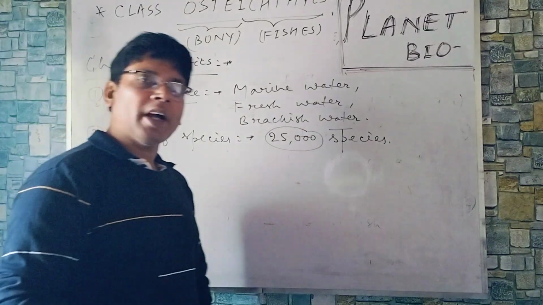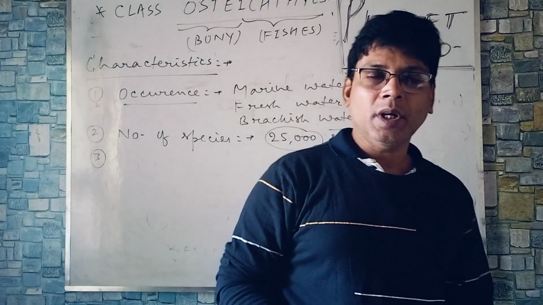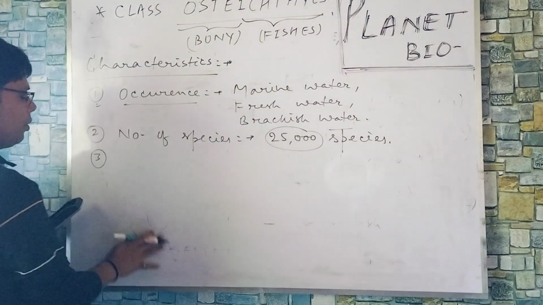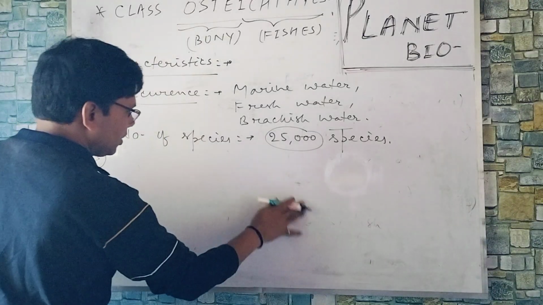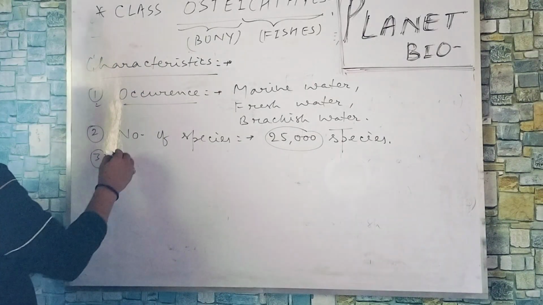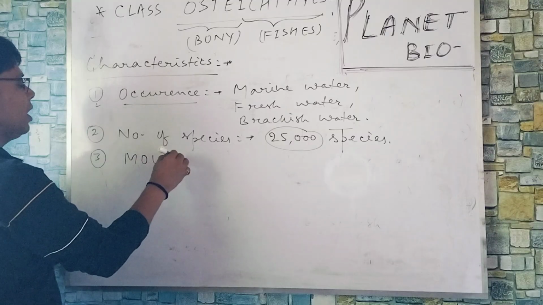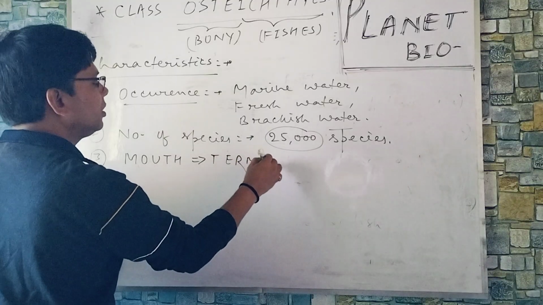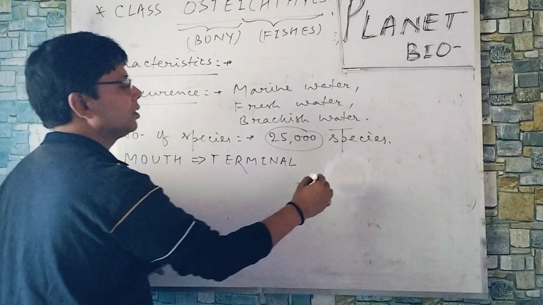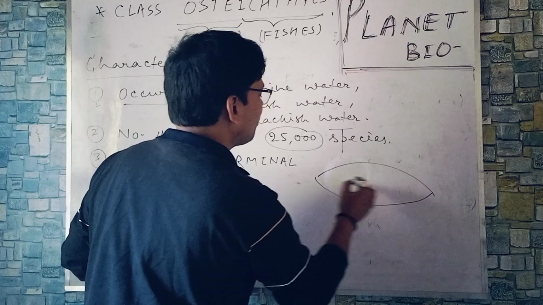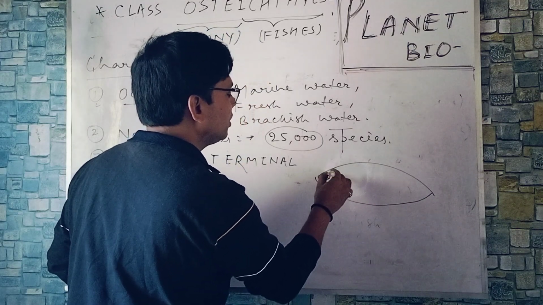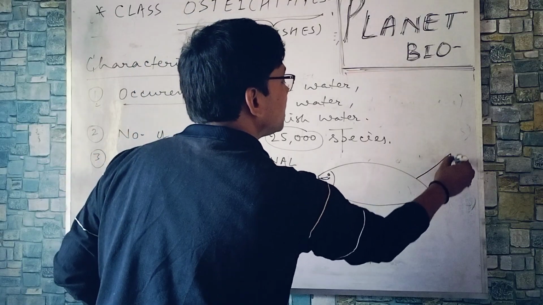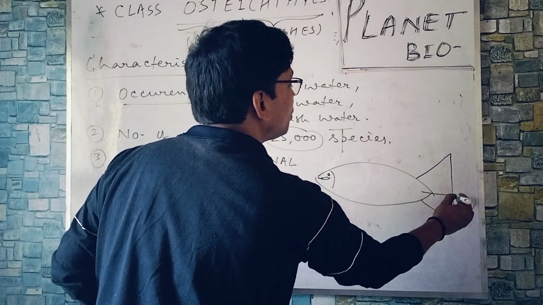Then how can you identify a bony fish? You can identify a bony fish by studying these features. Mouth is generally terminal, not ventral. Terminal means on anterior side. This is the body and you can find here the mouth is there. Yes, mouth. And the tail is divided into two equal halves.